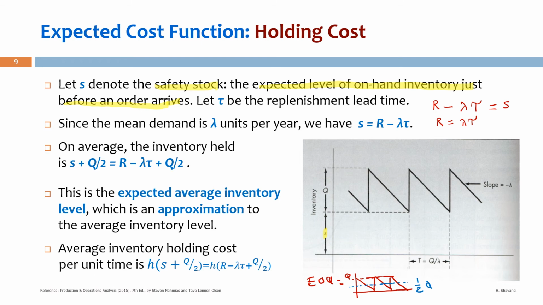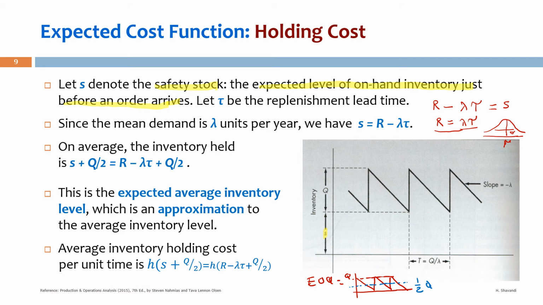And if we set a reorder point exactly equal to lambda tau, the mean demand during the lead time, then let's say demand over the lead time is normal, with mean mu and standard deviation sigma.